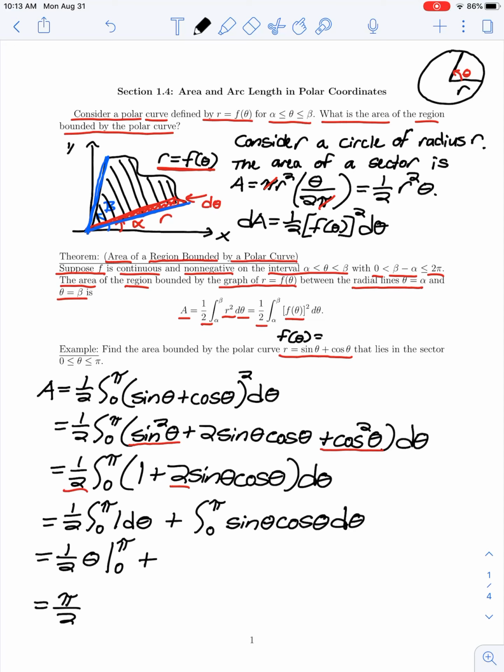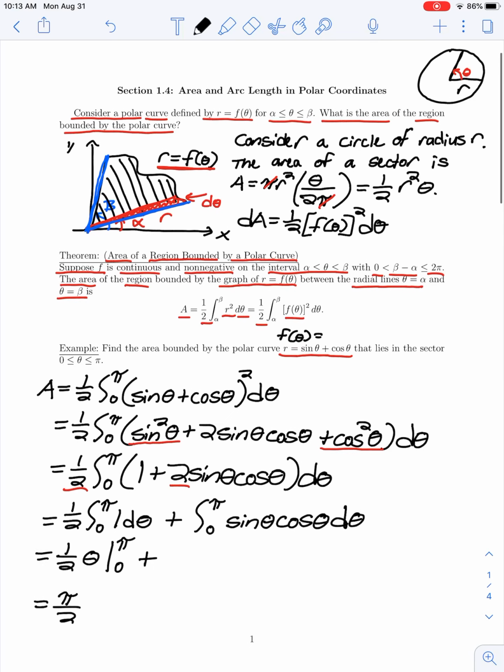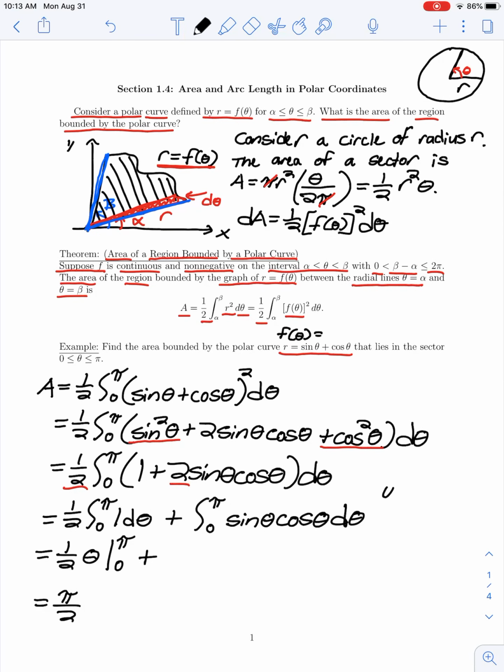And then we are adding, for this second integral, we're going to have to make use of a substitution. Here we could use the substitution u is equal to sine of theta, so that du is cosine of theta d theta. And rewriting this integral in terms of u, we would need to change our limits of integration from theta values, which were 0 and pi, to values of u.